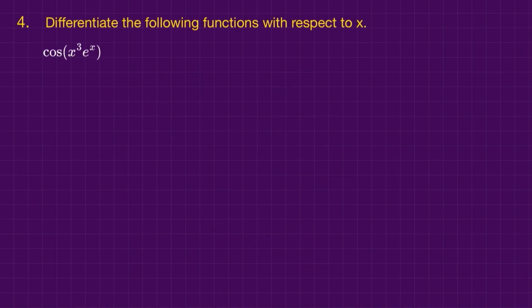Next, question number 4. My function is cos, and inside cos there is x cube e to the power x. So let y equal cos of x cube e to the power x. So let us put t equals x cube e to the power x.